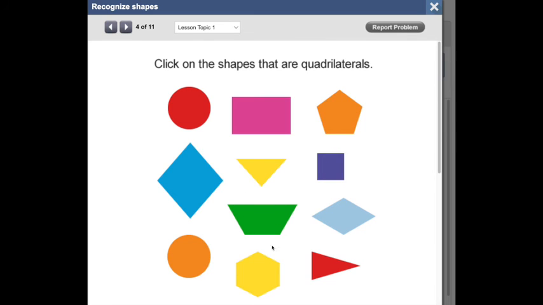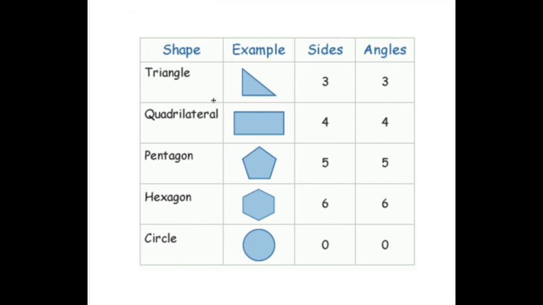Okay, going down to this green shape, we're almost done. And then we're going to recess. How many angles? Count. 1, 2, 3, 4. How many sides? 1, 2, 3, 4. That is a yes. That is a quadrilateral because, go back to your chart if you need to, quadrilaterals have 4 sides.